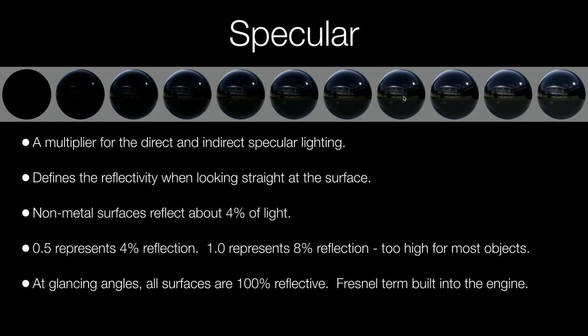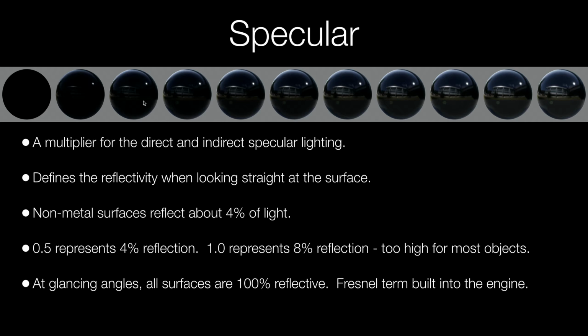For surfaces that are not metal, the majority of objects in the world reflect about 4% of the incoming light. Maybe just a little more, maybe just a little less, but that's right about where objects fall.